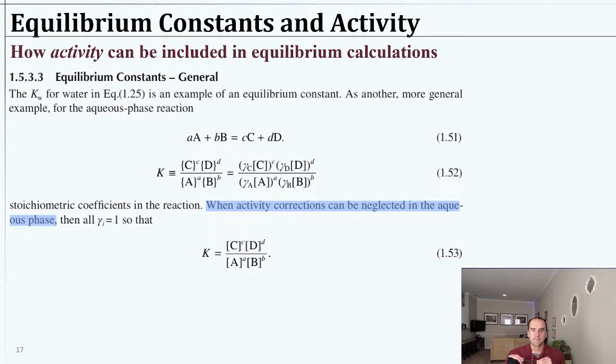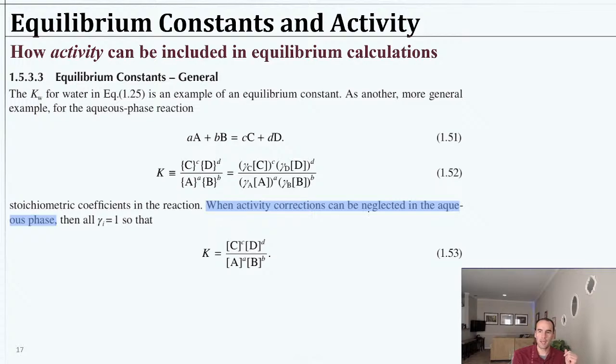Okay. Now, how do we apply activity to our equilibrium constants? Well, if this is our equation normally that we had here, all we have to do to make it proper is put curly brackets, right? So that it becomes this when we are accounting for activity the right way, and doing everything very precisely.